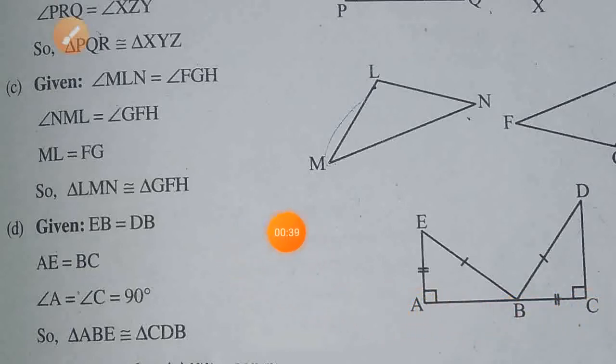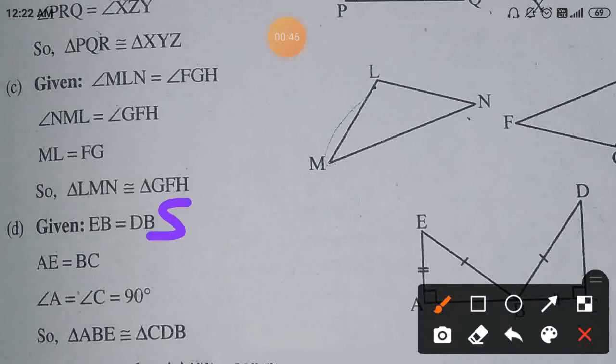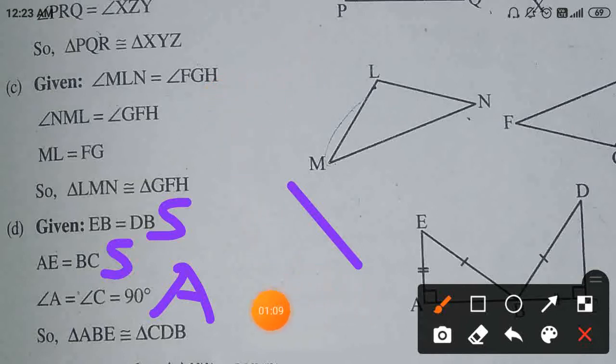It means what? Here one side, second side and one angle is given and these are equal. So we can say that in this particular figure angle A equal to angle C, it is 90 degree.